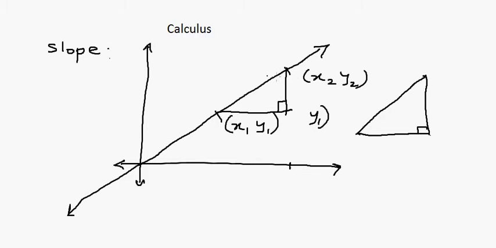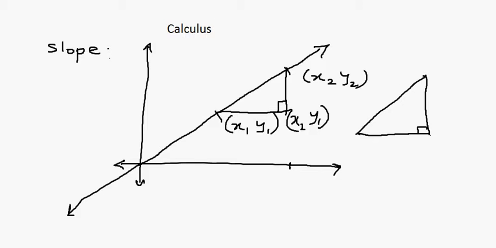So this distance is going to be x2 as well. So there's x2, y1. These are three basic points. That's our triangle, and let's proceed with the concept of slope.